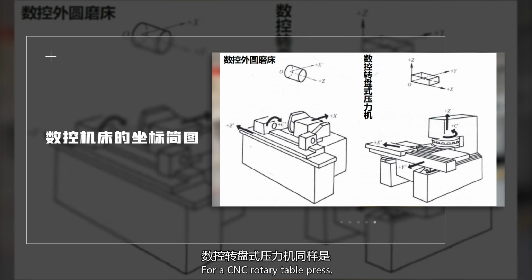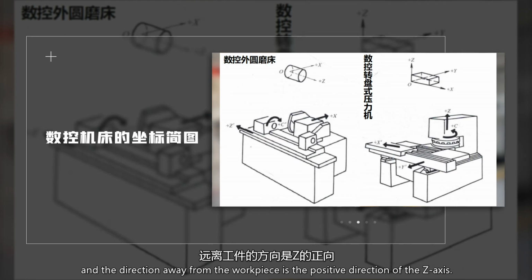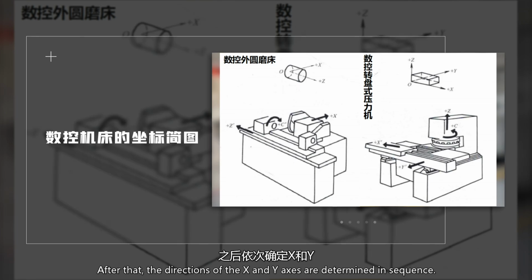For a CNC rotary table press, the first step is to find the spindle direction, and the direction away from the workpiece is the positive direction of the z-axis. After that, the directions of the x and y-axis are determined in sequence.